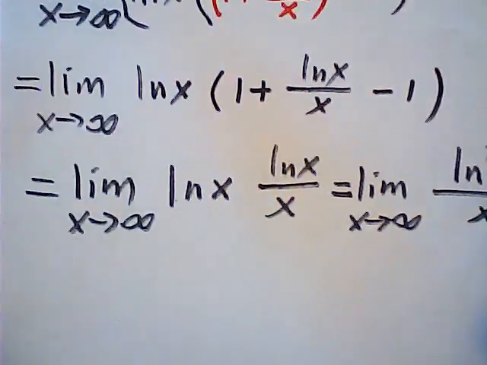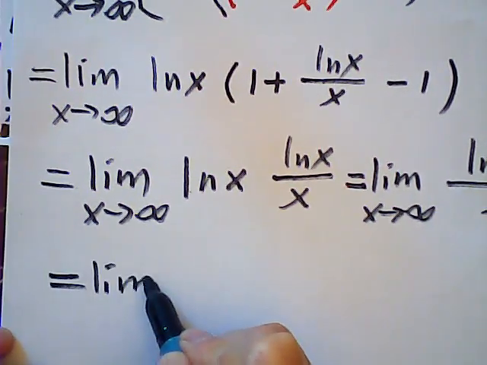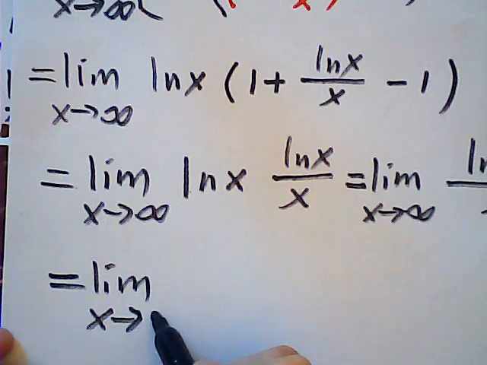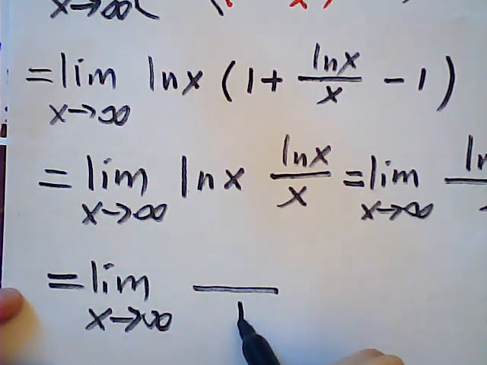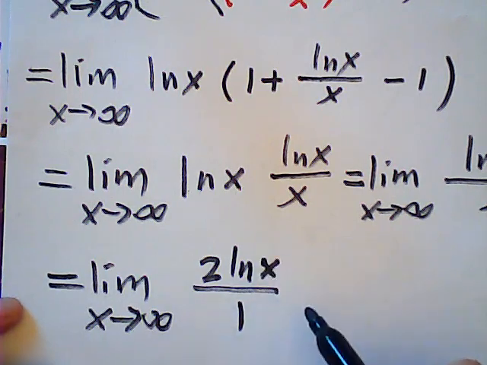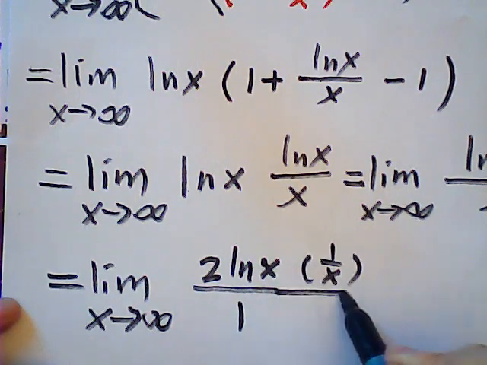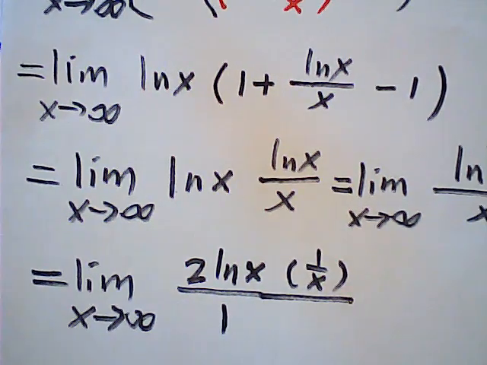Now this is a rather easy limit. We can take L'Hopital's rule, right? By taking L'Hopital's rule, the denominator is 1, and the numerator derivative is 2 log x times the derivative of log x, which is 1 over x, yeah.